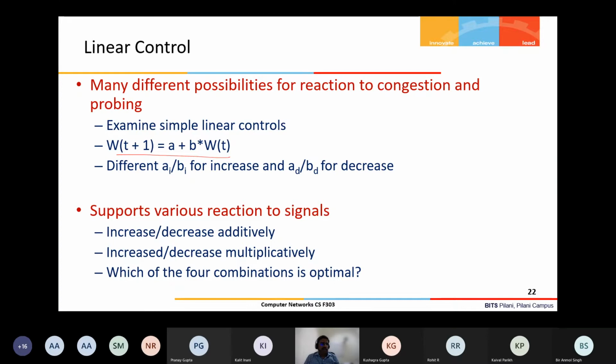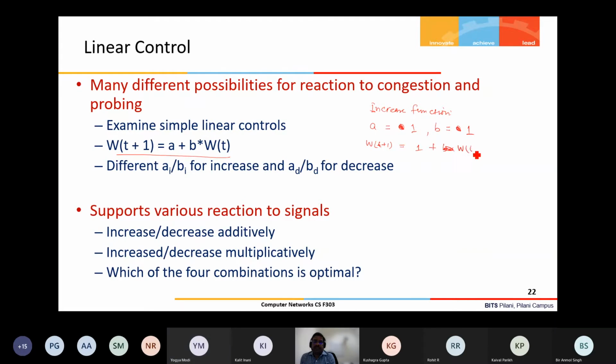Now we can have different A and B values. So for TCP, what have been used? For the increase function, A equals 1 and B equals 1. So at time t plus 1, the window is 1 plus B into W at time t, where B is 1.